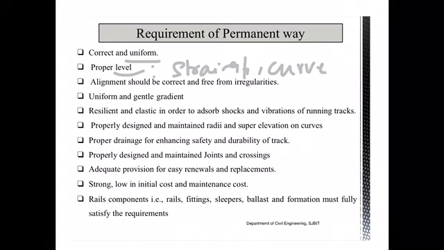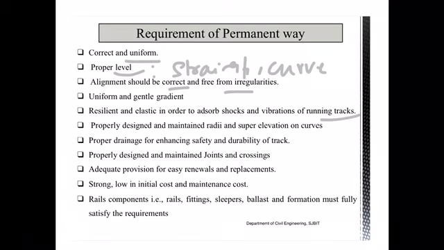The alignment you construct should be correct and should not have any irregularities. It should have proper resistance and elastic properties, so the track components have sufficient resistance to absorb the shocks and vibrations of trains running at very high speed carrying a heavy load.